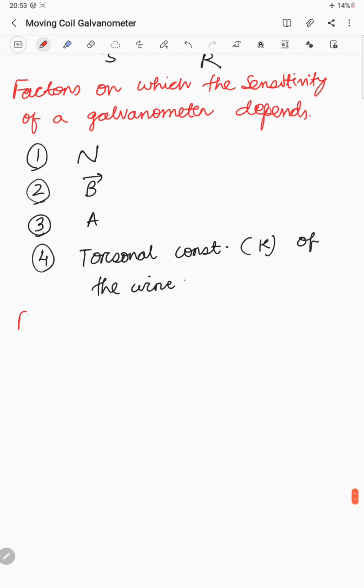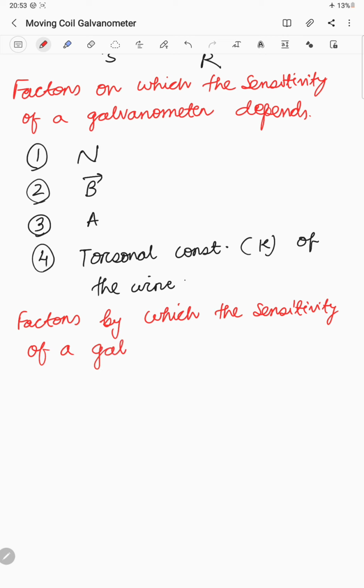Then the question comes, how can we increase the sensitivity? So, factors by which the sensitivity of a galvanometer can be increased.